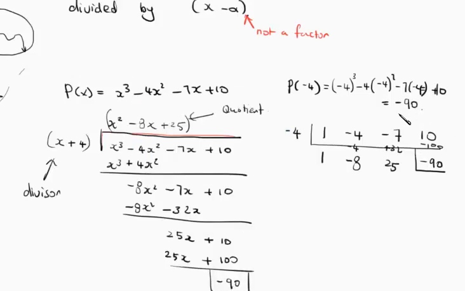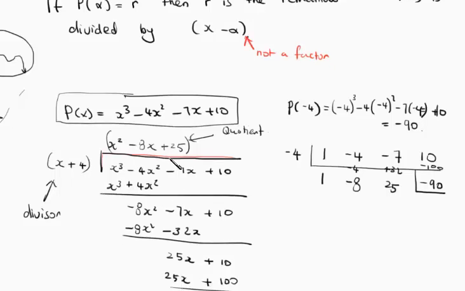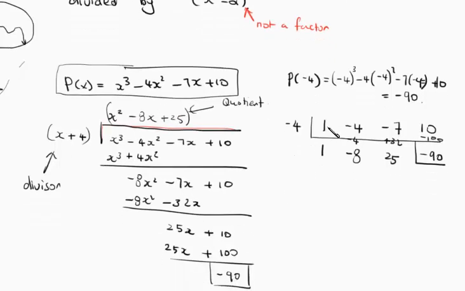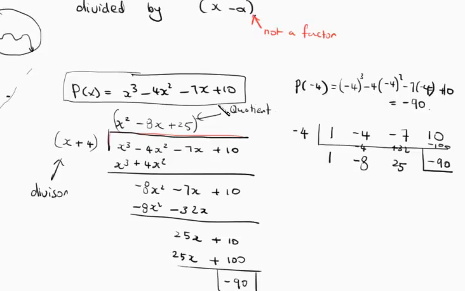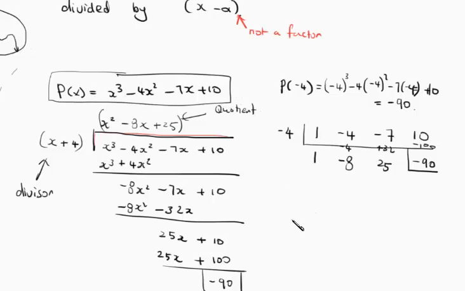So I can simply get the remainder by plugging in minus 4. So if you want to know what the remainder is when I divide this by this, you don't have to do the long division. You don't have to do even the synthetic division. You can just get the remainder by plugging into the polynomial. So what's the point of doing the long division or the synthetic division?